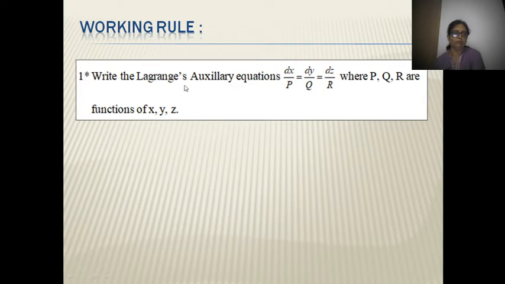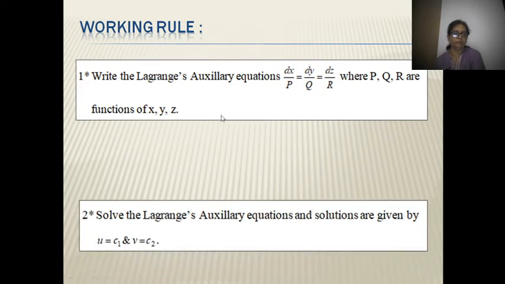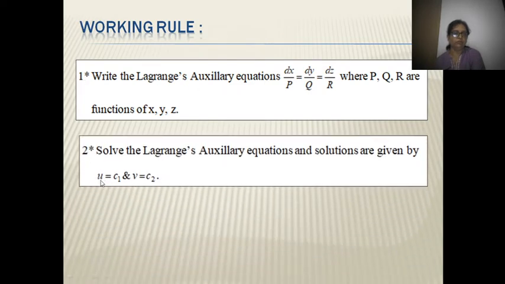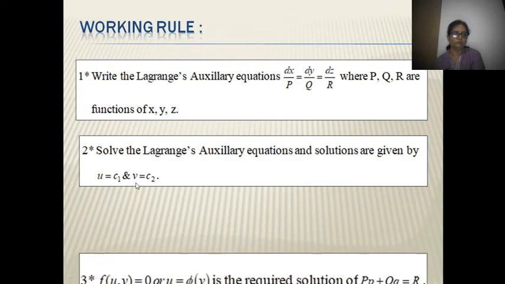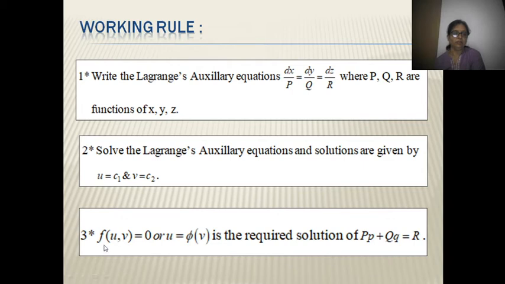First step is we write down the auxiliary equation. Then we find out two solutions, u equal to C1 and v equal to C2. Third step is we write down the required solution as f of u, v equal to 0 or u equal to phi of v.